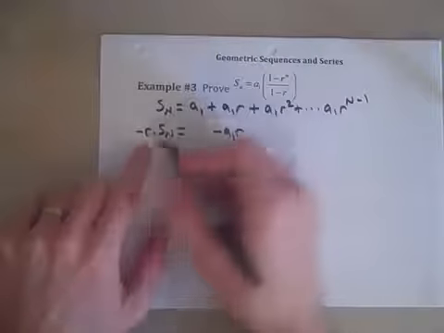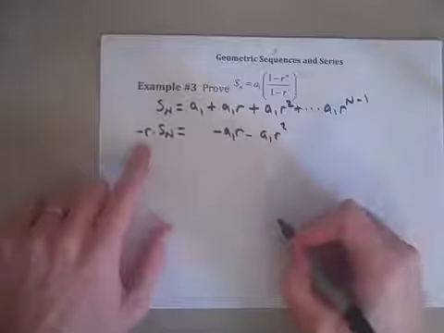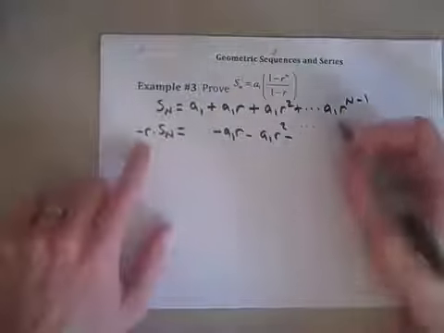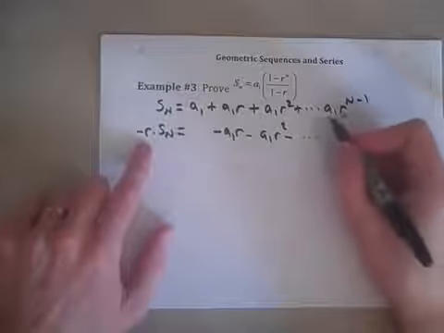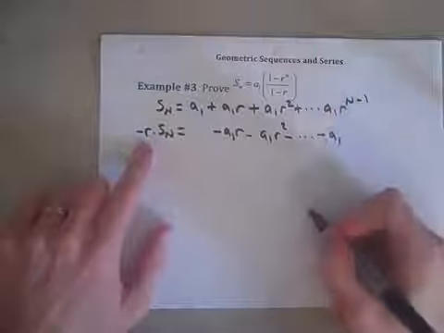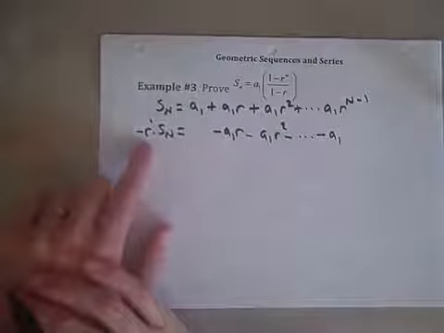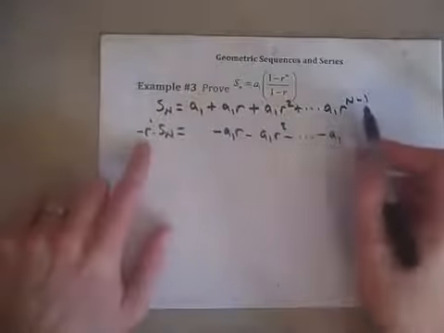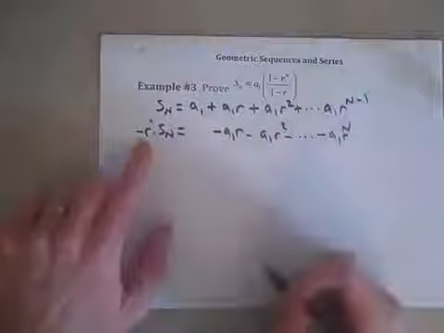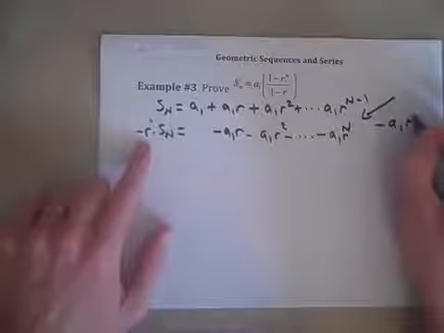A sub 1 r times -r is minus a sub 1 r squared, minus... And the last term, if I take this term right here and I multiply it by -r, I'm going to get minus a sub 1. Remember, there's a positive invisible 1 on the exponent on the r. So 1 minus 1 is 0. So the last term is r to the n. I better make that a little more clear. Minus a sub 1 r to the n.